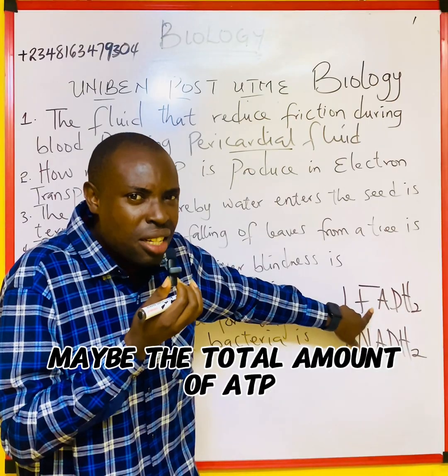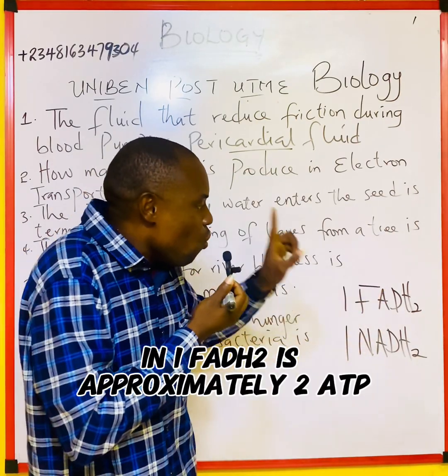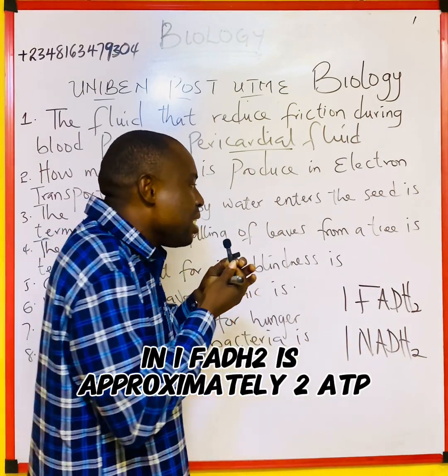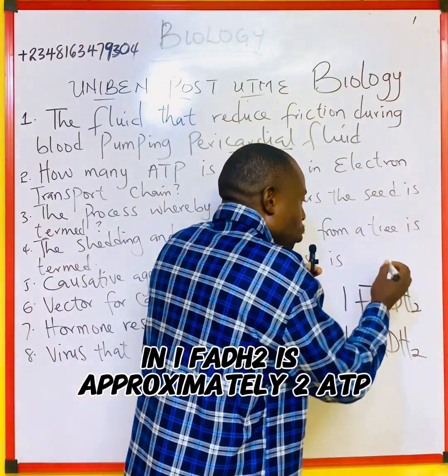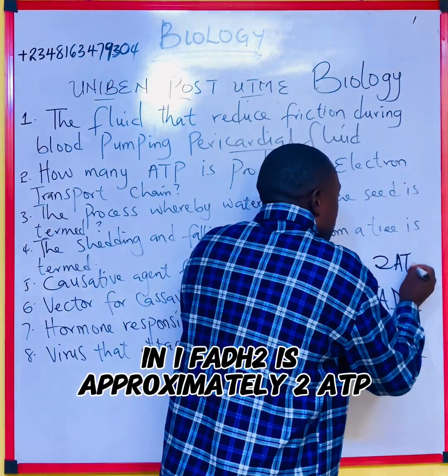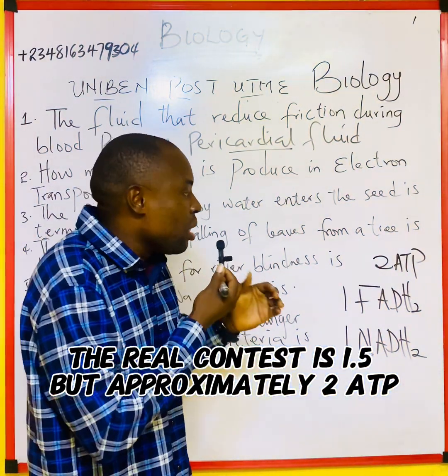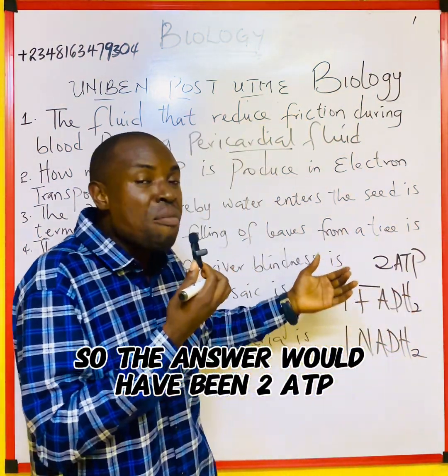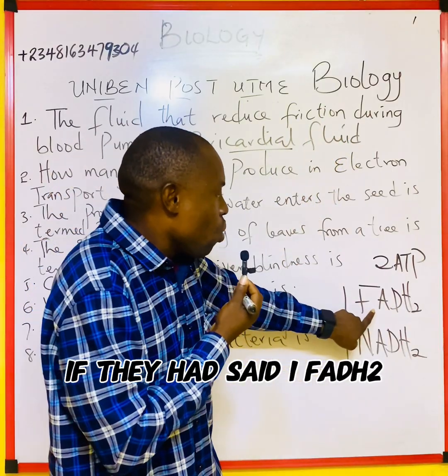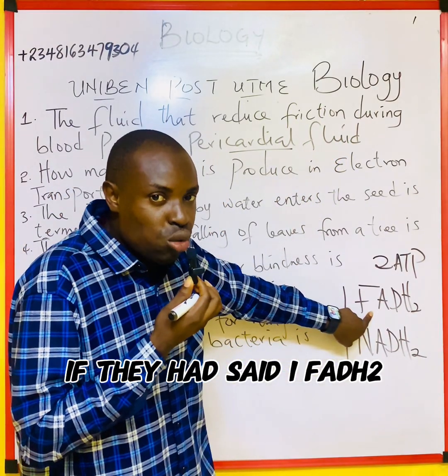In the electron transport chain, whether in glycolysis or the Krebs cycle, as the case may be, the amount of ATP from one FADH2 is approximately 2 ATP. The real value is 1.5, but approximately 2 ATP. So the answer would have been 2 ATP if they had said 1 FADH2.